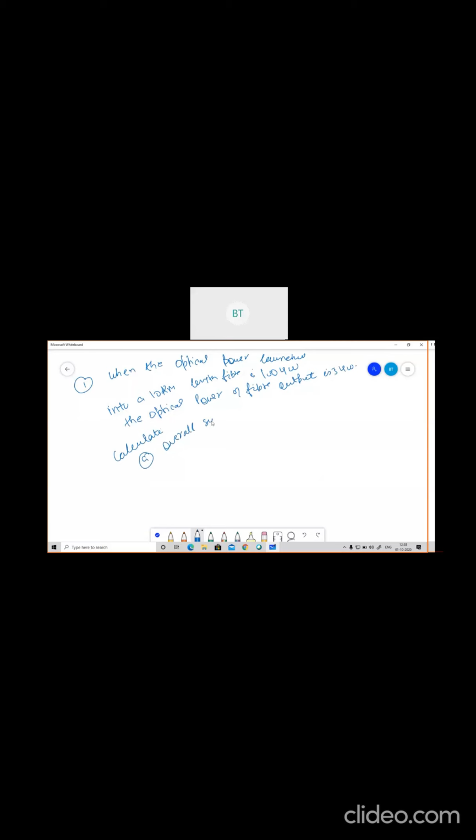So what will be the losses? They are asking you to calculate the overall signal attenuation in dB. Second, they are asking you to calculate the signal attenuation per kilometer.